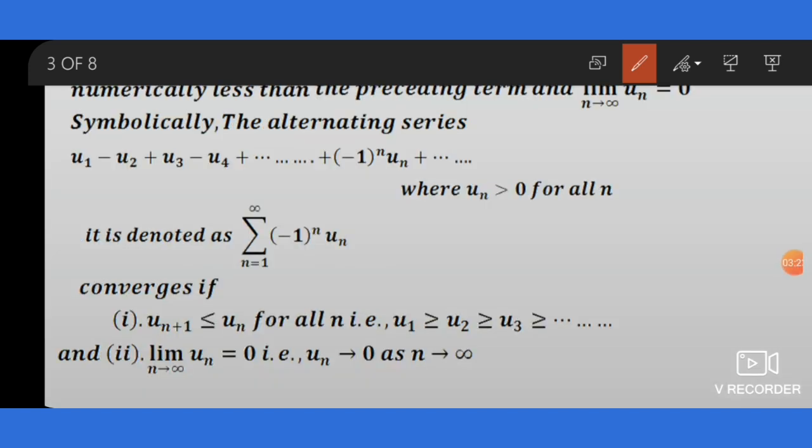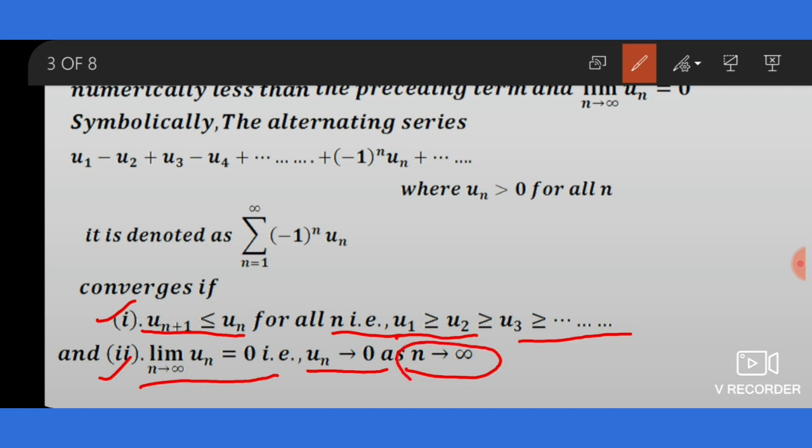It converges if, first, un plus 1 is less than or equal to un for all n, that is u1 is greater than or equal to u2 is greater than or equal to u3 and so on. Second, limit n goes to infinity of un equals 0, that is un tends to 0 as n tends to infinity.